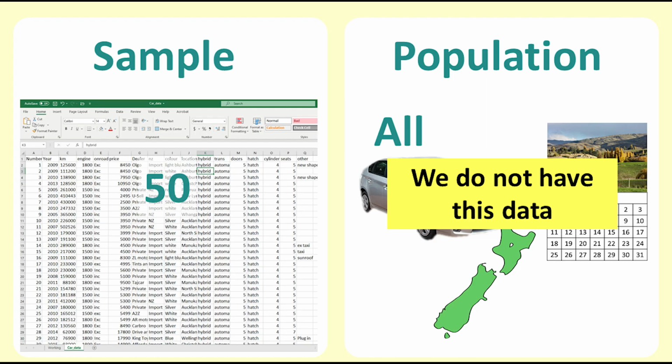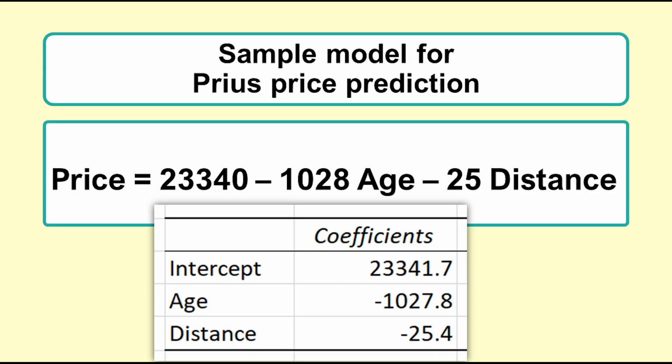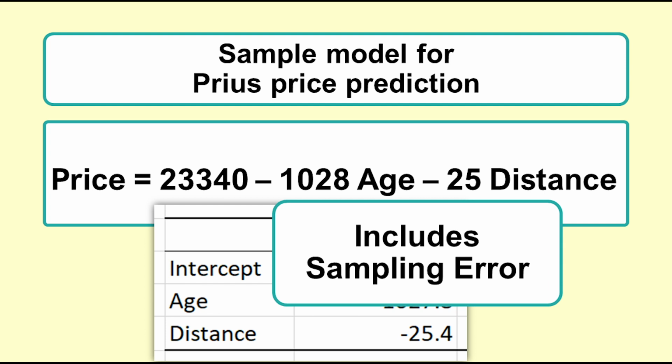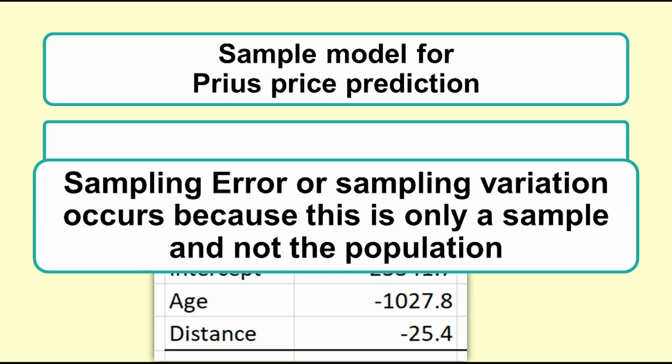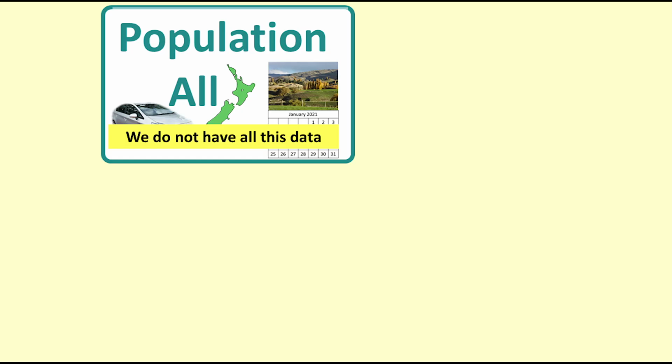The data we have is a sample of 50 cars. We use the sample data to fit a sample model. Using a sample introduces another source of variation, sampling error, or variation due to sampling. This is the variation that occurs because this is only a sample and not the population.